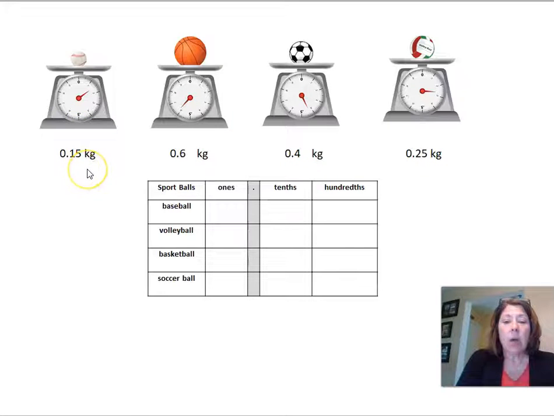So what I'm going to do before I do any comparing is I'm going to put my weights into our chart here. So the baseball, 0.15 kilograms. Well, there's no ones. There's 1 tenth.